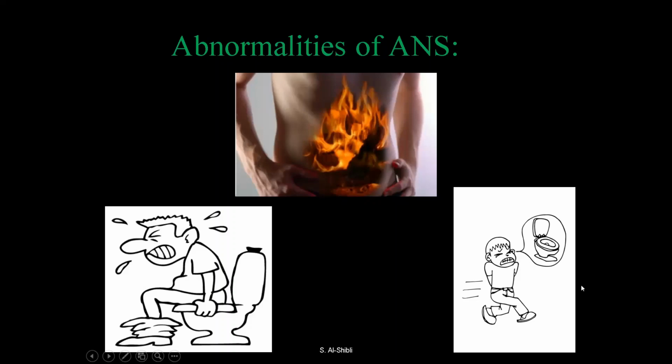Some diarrhea also is related to abnormality in the autonomic nervous system. Even some conditions of constipation are said to be due to abnormality in the autonomic nervous system.